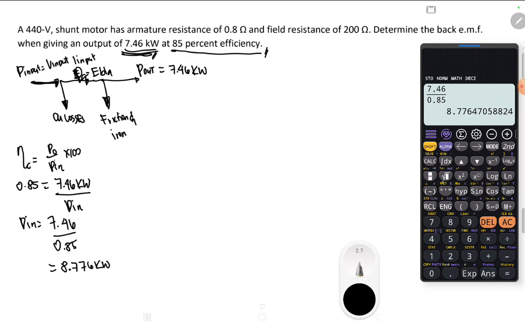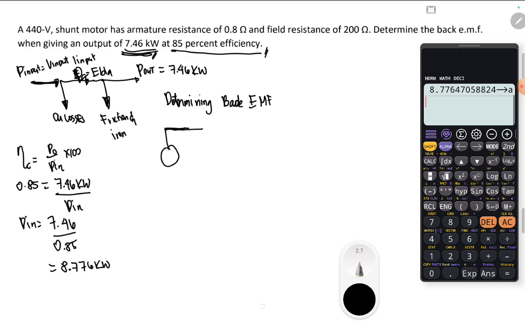Shift store at A. Okay. Now from this, next thing to do is of course to determine the back EMF. Of course, you would draw the motor, right? So our motor is shunt connected.